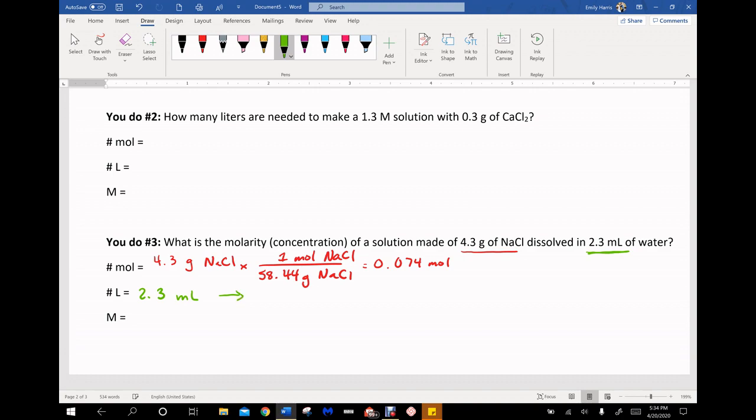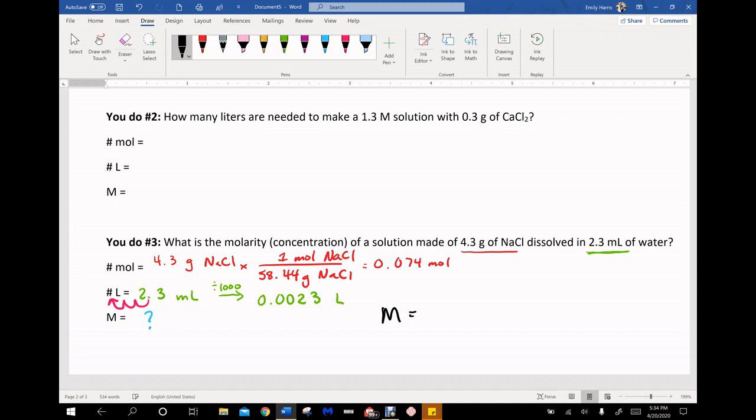So if we want to go from milliliters to liters, we need to divide by 1,000. This is the same as moving your decimal place 3 times to the left and filling in zeros for placeholders. So converting 2.3 milliliters gives us 0.0023 liters.